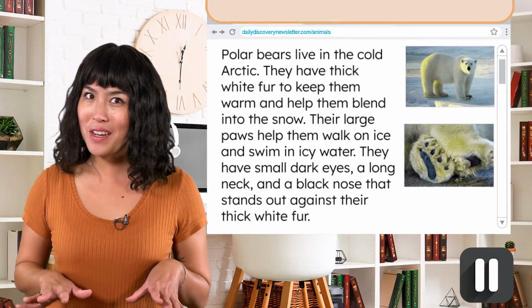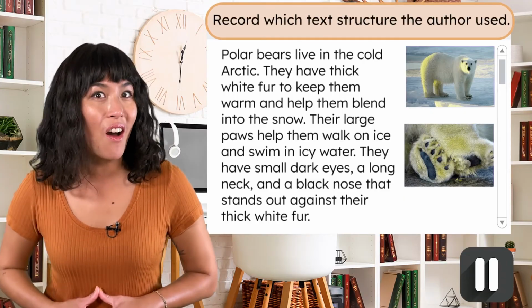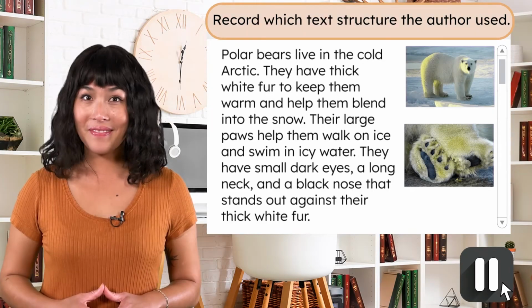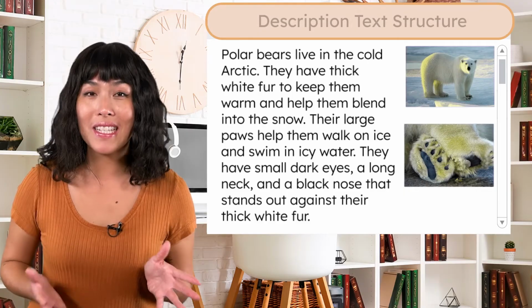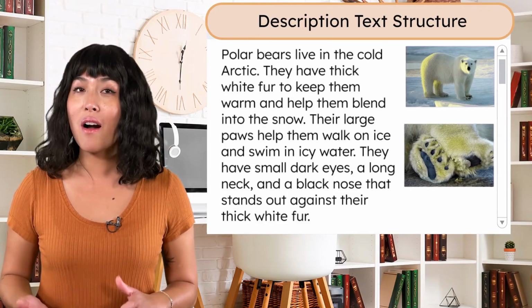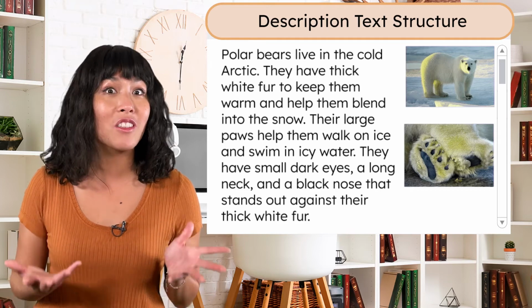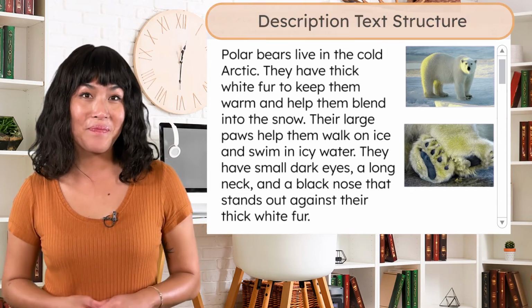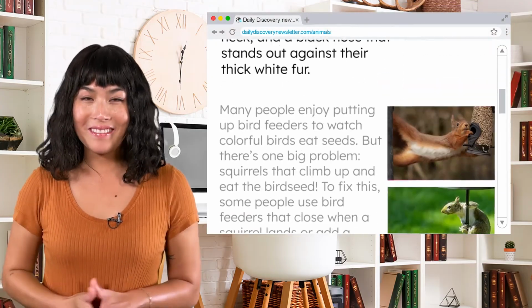Okay, pause the video and record which text structure the author used. This is a description text structure. The author uses clear details about its body to describe what a polar bear looks like and how it survives in its environment. One more.